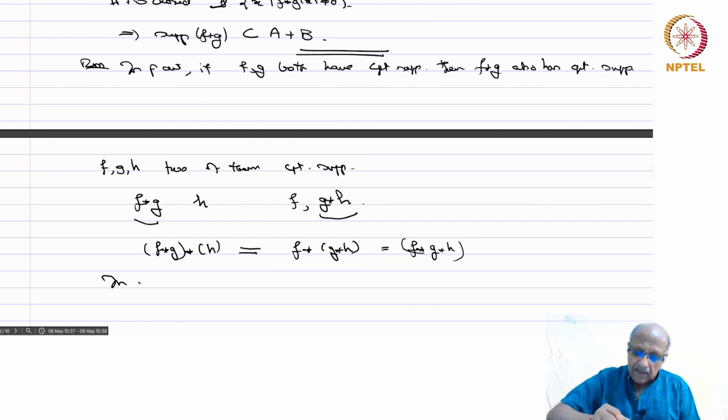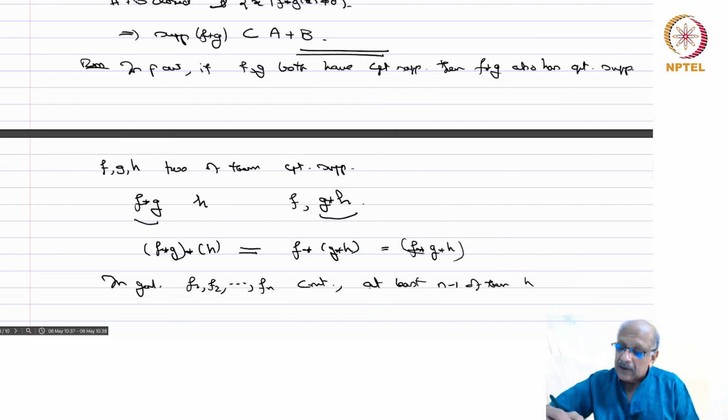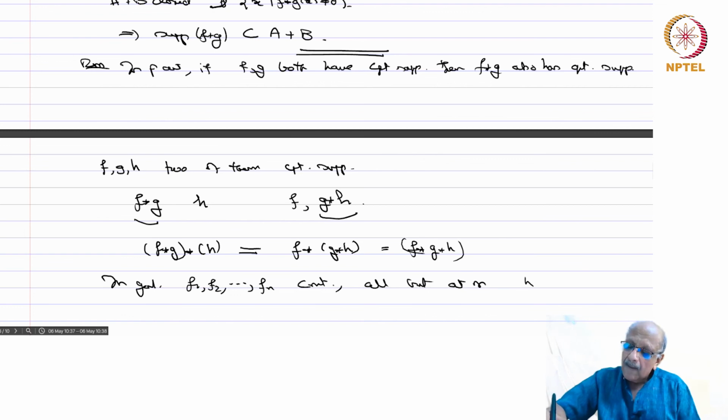In general, f_1, f_2, ..., f_n continuous, all but at most one of them have compact support.